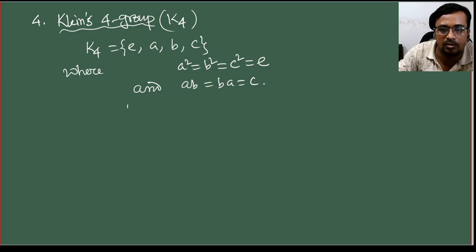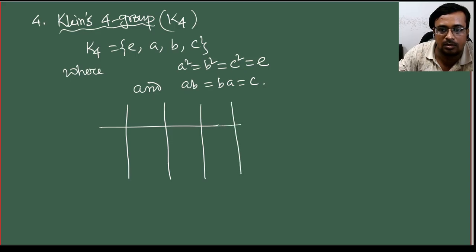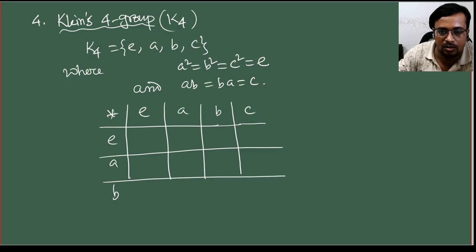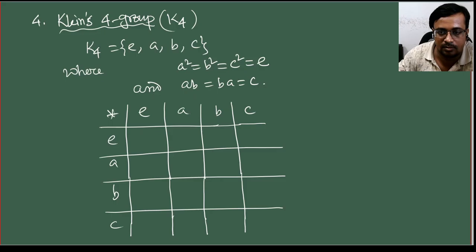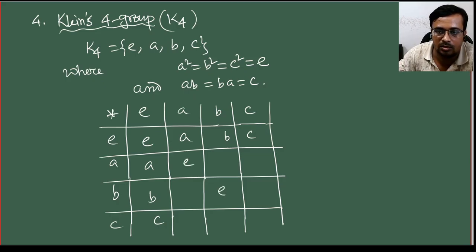So basically that multiplication table is like this. A, B, C. A square equals identity, B square equals identity, C square equals identity.